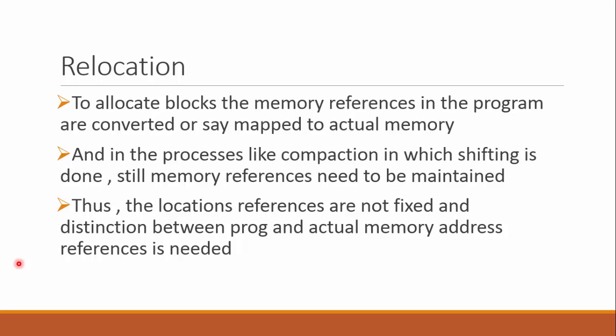When compaction is done, the physical storage space at which something is stored is also shifted, because the whole memory is shifted. So the data references between two variables, locations or jump sequences also need to be managed as per the new physical memory.